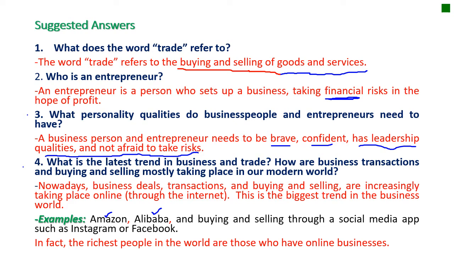You buy and sell through social media apps. You have an Instagram account where you sell and buy things. You have a Facebook business account, okay? And those people, in fact, the richest people in the world now are those who have online businesses or who practice business and trade online.